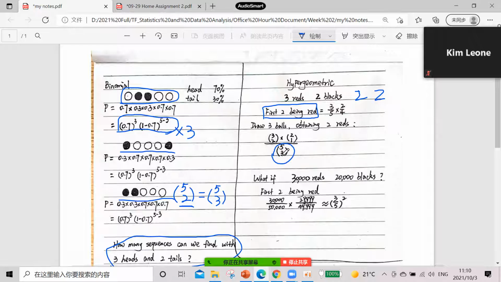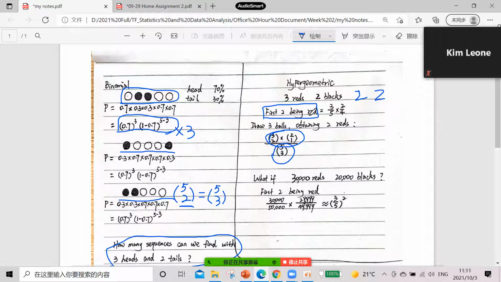Maybe it's 2 blacks and 1 red. But I need to find out how many options I have to draw 2 reds. It's intuitively easy to understand. I just need to draw 2 balls out of 3 red balls, and then I need to draw 1 black ball out of 2 black balls, and I multiply them together. So it's 3 choose 2 times 2 choose 1 divided by 5 choose 3.